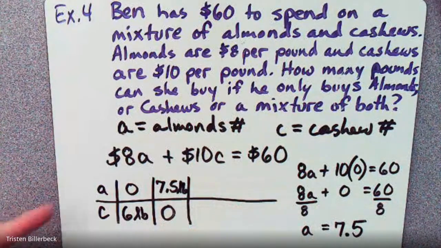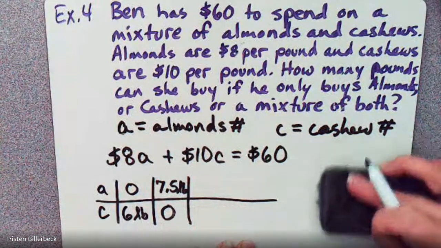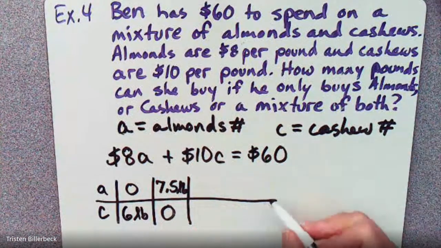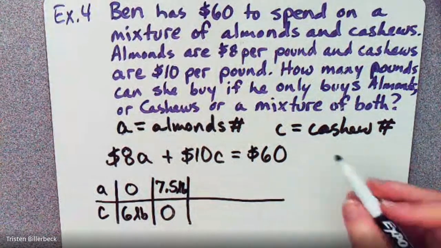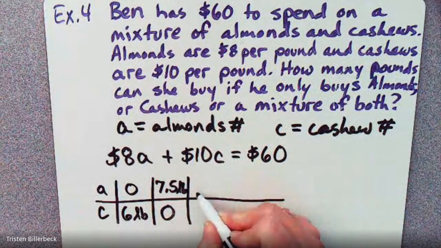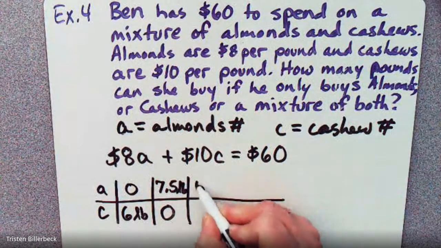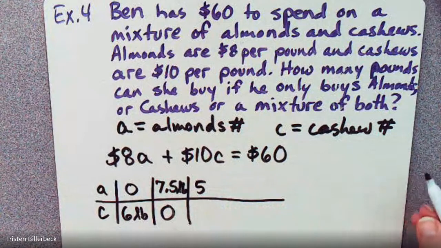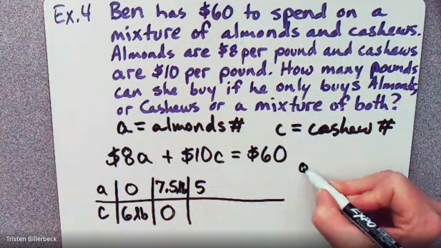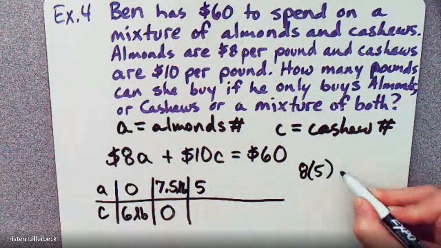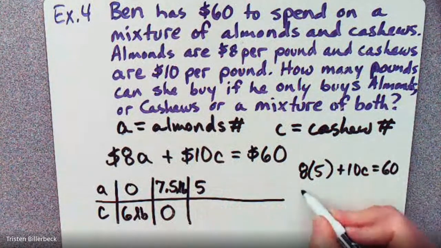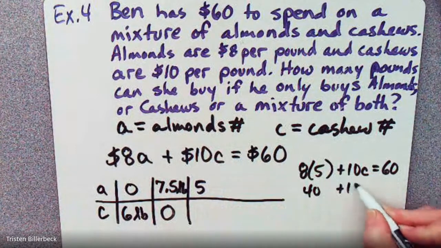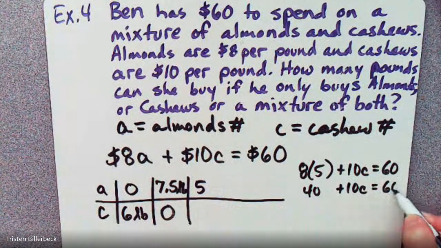That makes sense because almonds cost less, so we can buy more pounds. But what if we were to buy a mixture? Let's say we bought 5 pounds of almonds. How many pounds of cashews could we buy? 8 times 5 plus 10C equals 60, so 40 plus 10C equals 60.